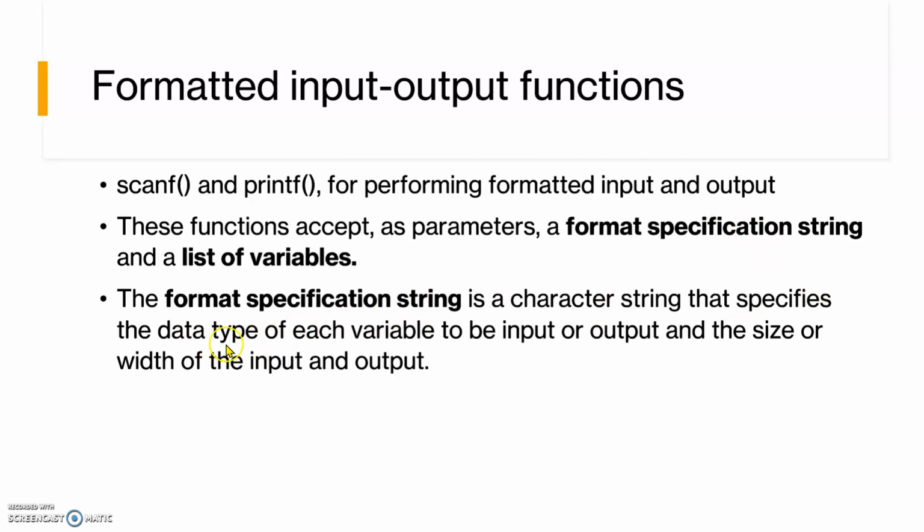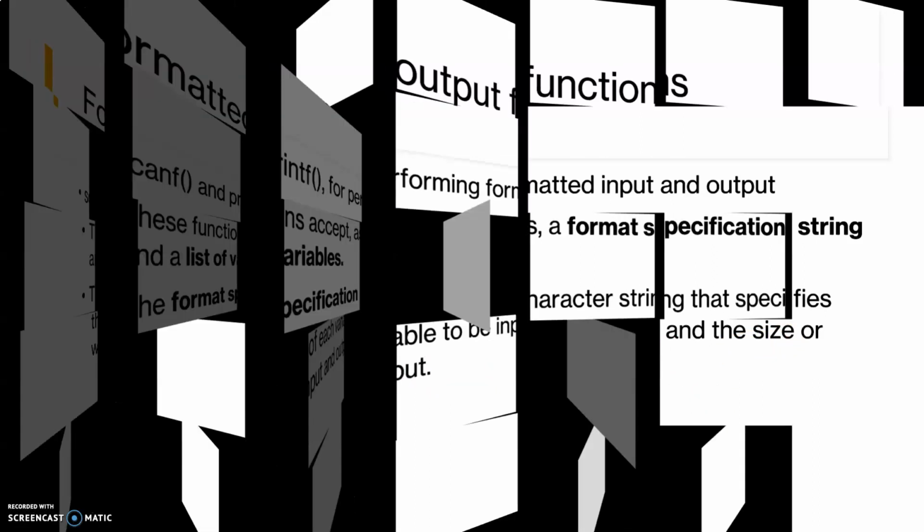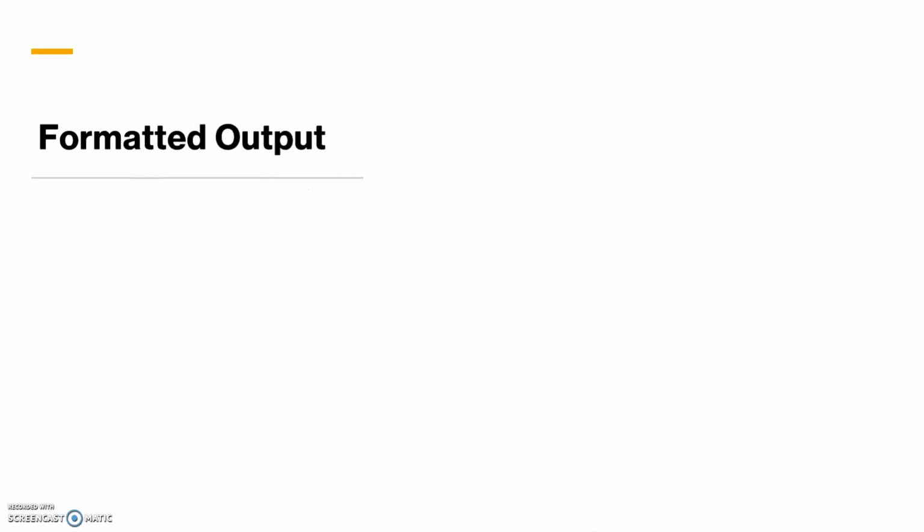First, it specifies the data type. We are talking about both input and output. It also mentions the size and width of the input and output we are accepting or producing.